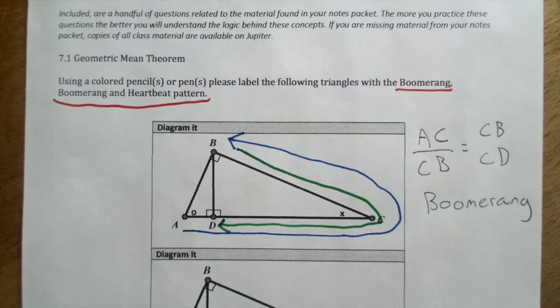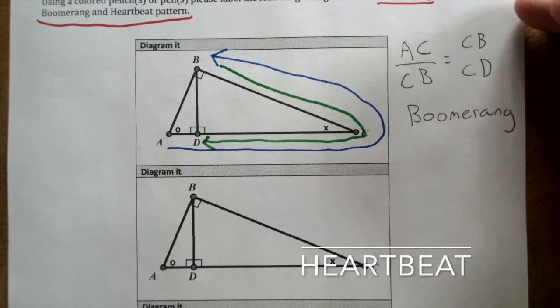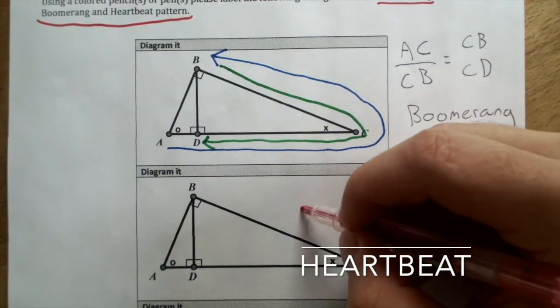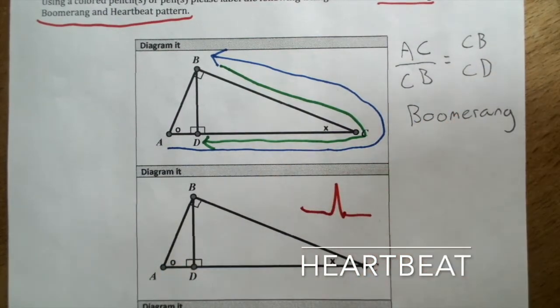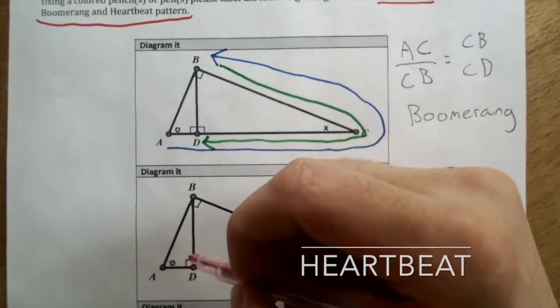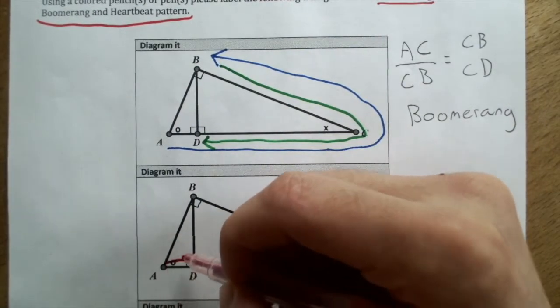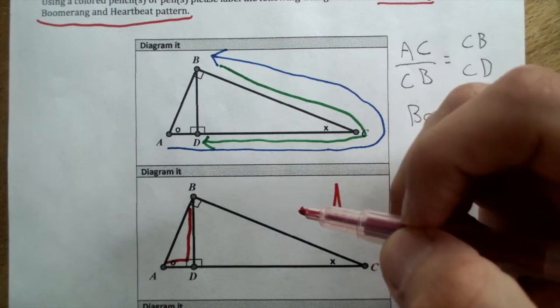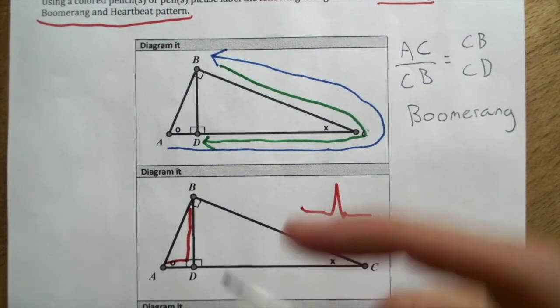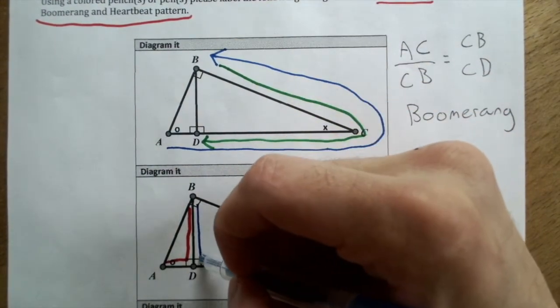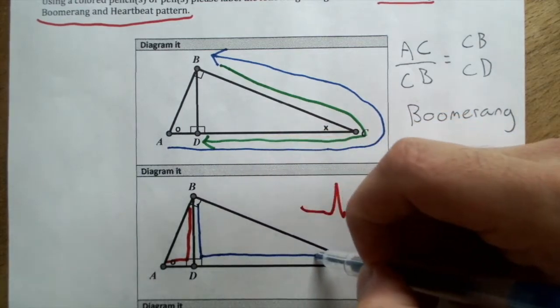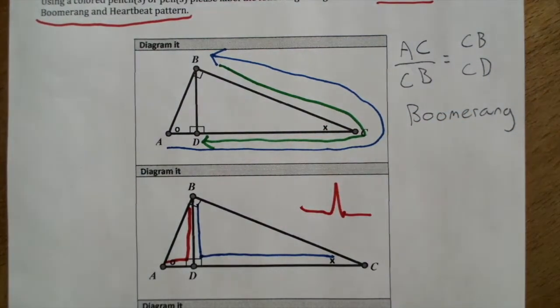The second example was our heartbeat pattern. Our heartbeat pattern went through the middle of our figure, just like a heartbeat does. Heartbeat pattern was AD over DB and BD over BC.